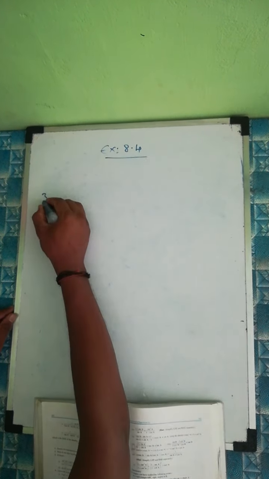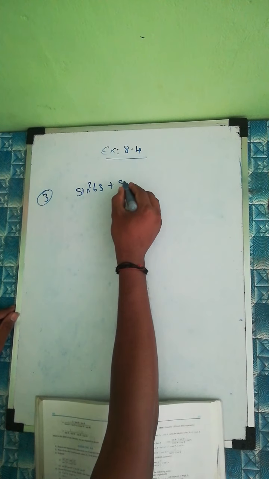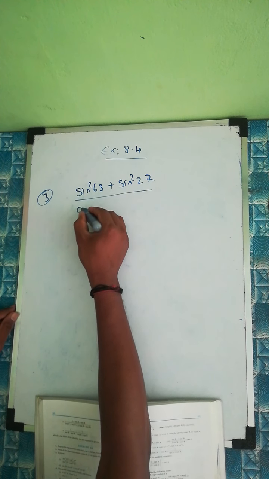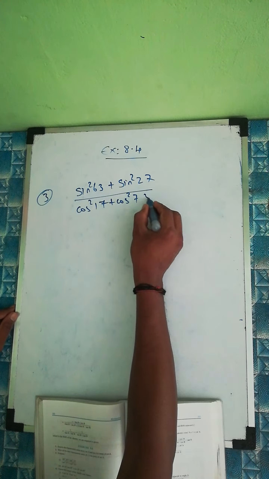Okay, next one, question number 3. The first one: sine square 63 plus sine square 27, divided by cos square 17 plus cos square 73.